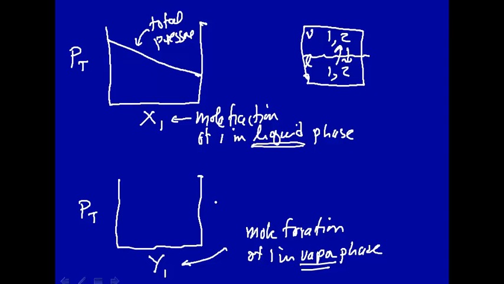Okay, so how do we want to get there? How can we express total pressure as a function of mole fraction in the vapor phase? Well, let's start this way.